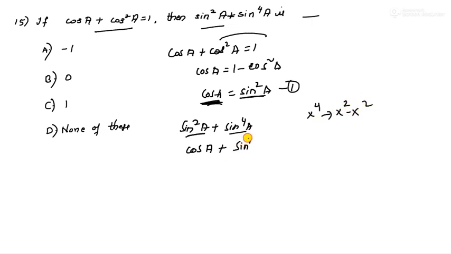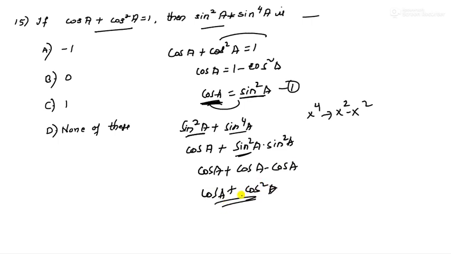So this can be written as sine square A into sine square A. So cos A plus, now sine square A can be substituted as cos A, similarly this is also cos A. So this becomes cos A plus cos into cos, which is cos square A. So cos A plus cos square A is how much? 1. So even this will become 1. This is a very interesting question. So option number C is the right answer.